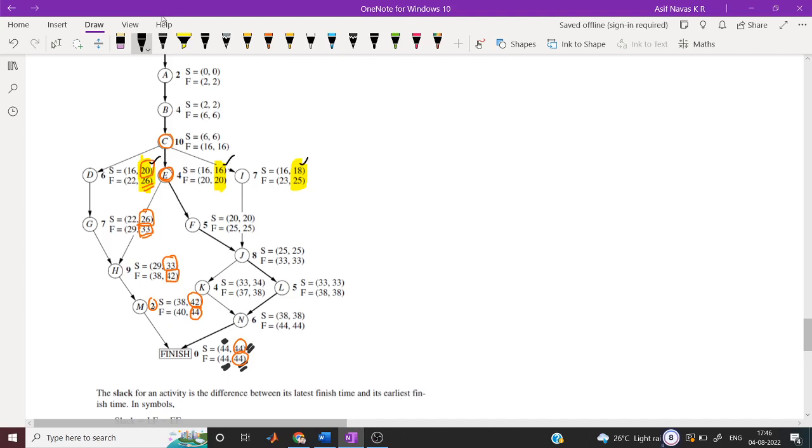So 16 is the least value that we put as LF, and 16 minus 10 is 6.